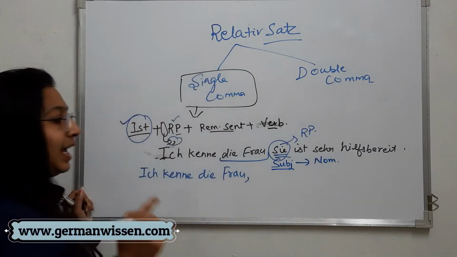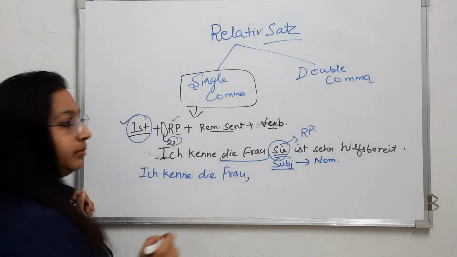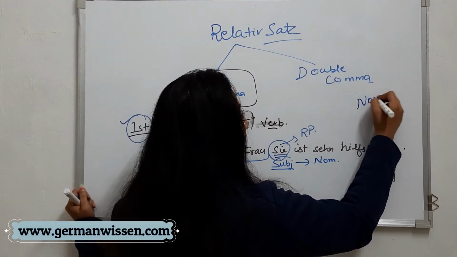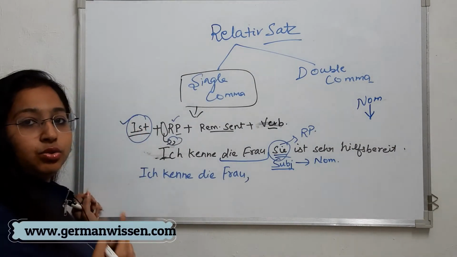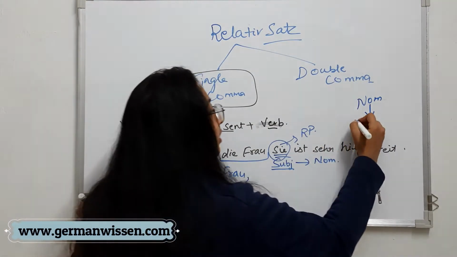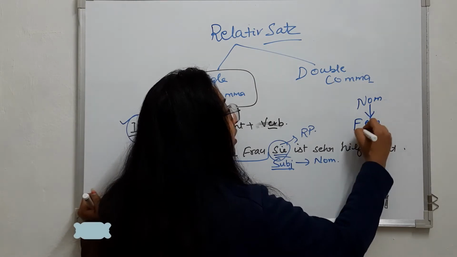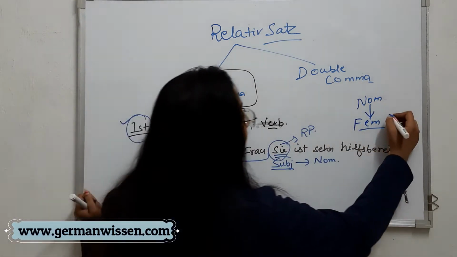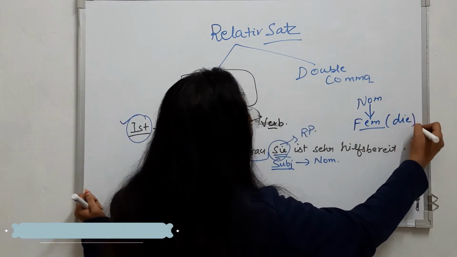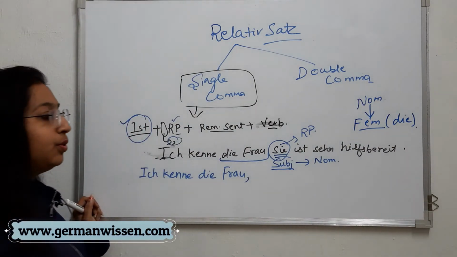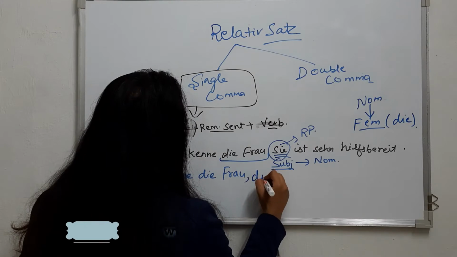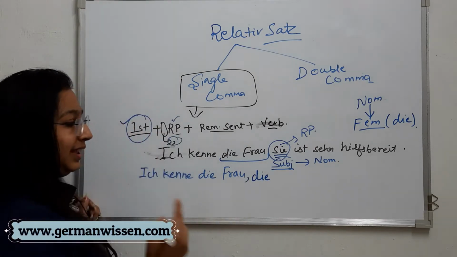That means you have to check the nominative column, and in this, Sie is used for the feminine. Nominative feminine is die. That means the pronomen that we have to use is die. Ich kenne die Frau, die.